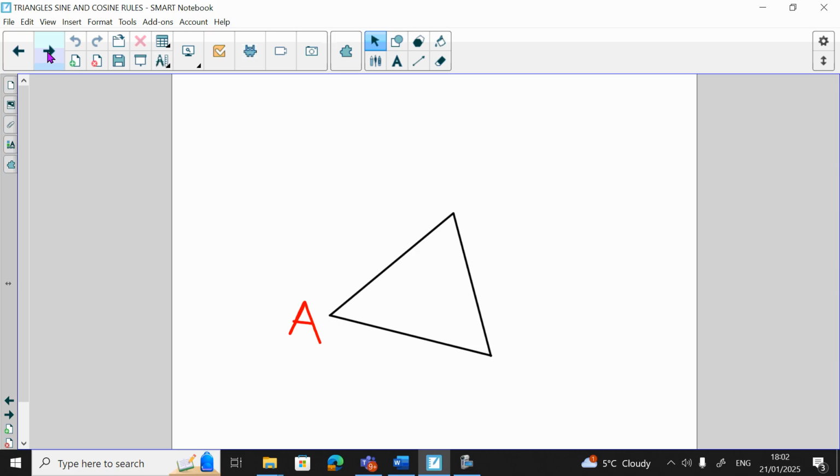So I've just picked a corner, any corner, vertex. So that's A. And I just want to emphasize, that can be this angle inside here. That's what I'm referring to. So the important thing is, if I come across from this angle A without touching these two sides that create A, I hit this third side, I'm going to use the lowercase a.